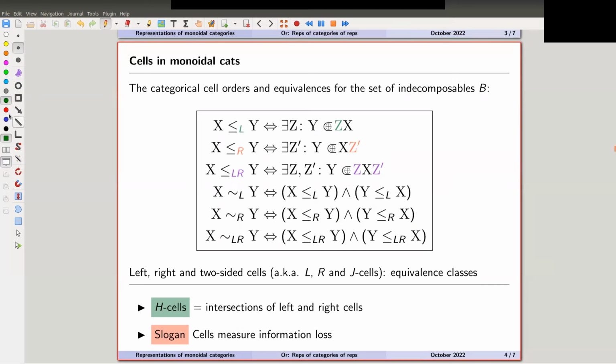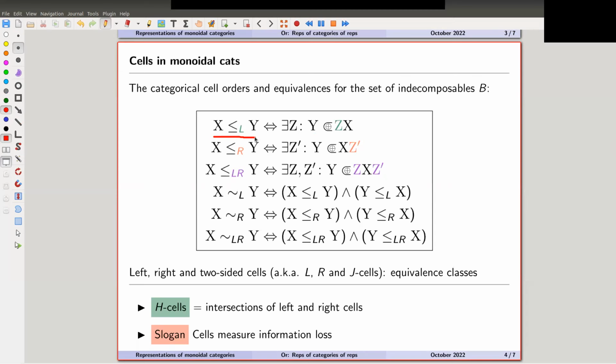So I only tell you one of them. Take two indecomposable objects, x and y. Everything here I write is indecomposable. z is also indecomposable. One of them is left lower than the other if you can find a representation that you can tensor to x such that y appears as a direct summand. So I can go from x to y by tensoring with a representation. Then I call it left lower.